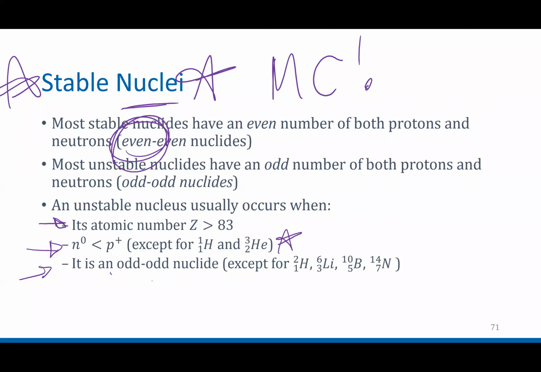When you have odd numbers, meaning odd protons and odd neutrons, it is not stable. There are exceptions here, but you don't need to study those. Not on the test. On a test, I will never give you something confusing or an exception to the rule. So don't worry about this.